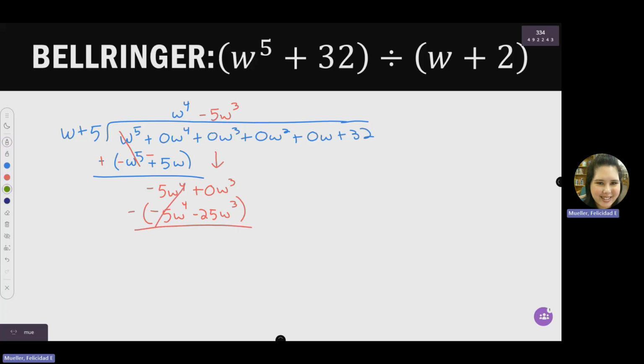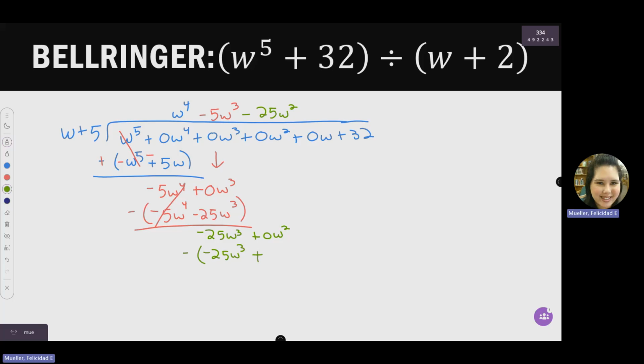And we're going to be left with negative 25w cubed. Bring down my 0w squared. So I'm going to need to multiply by negative 25w squared. So minus negative 25w cubed plus minus, hold on.